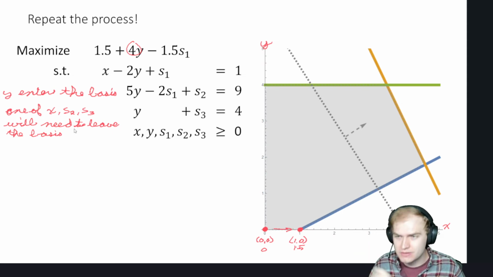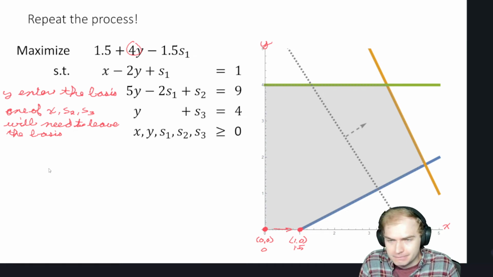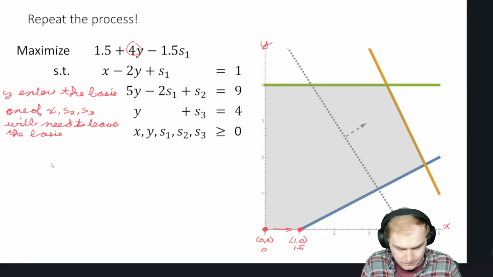So the question is, which one of those can leave and let the problem remain feasible, or the basis remain feasible? Yeah, so let's think about that.